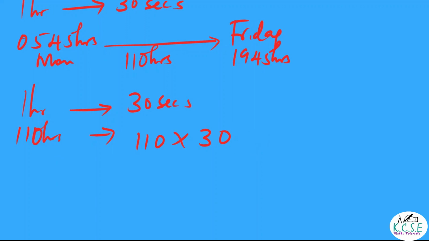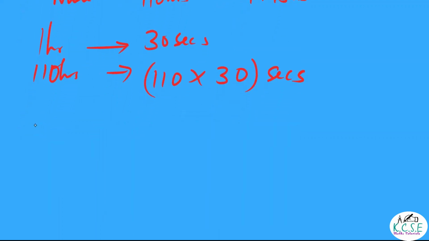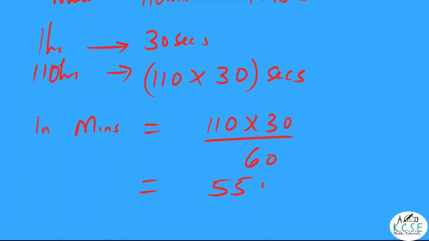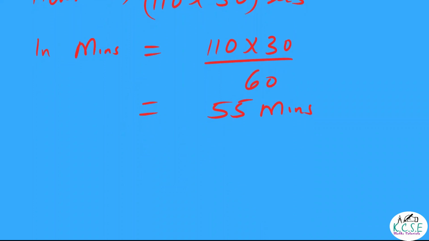Now this will be time in seconds. So we can convert these seconds into minutes, which will be given by 110 multiplied by 30, divided by 60. And when you work this out using a calculator, you get 55 minutes. So this is the time that will have been lost.